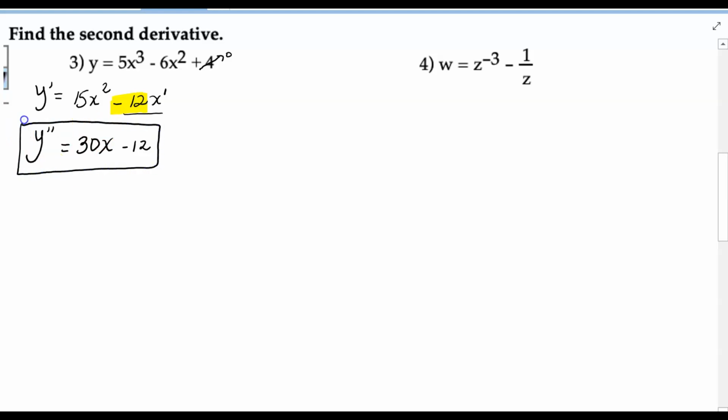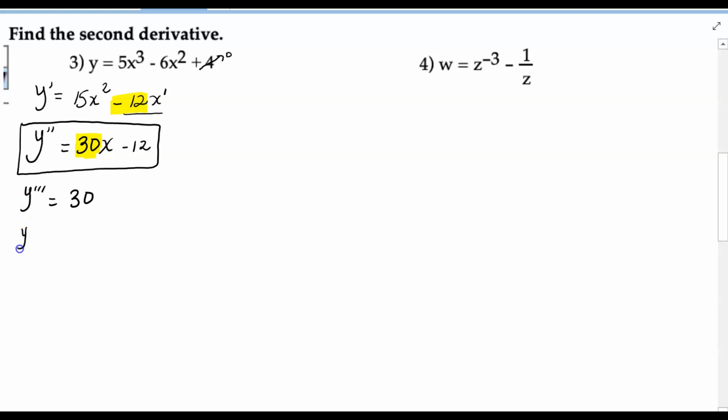Now clearly if we were to take the third derivative, we'd be left with 30. So let's just write that, y triple prime. You're just left with 30 because that basically is that linear portion, the slope, if you will, of the linear equation there, or the linear function.